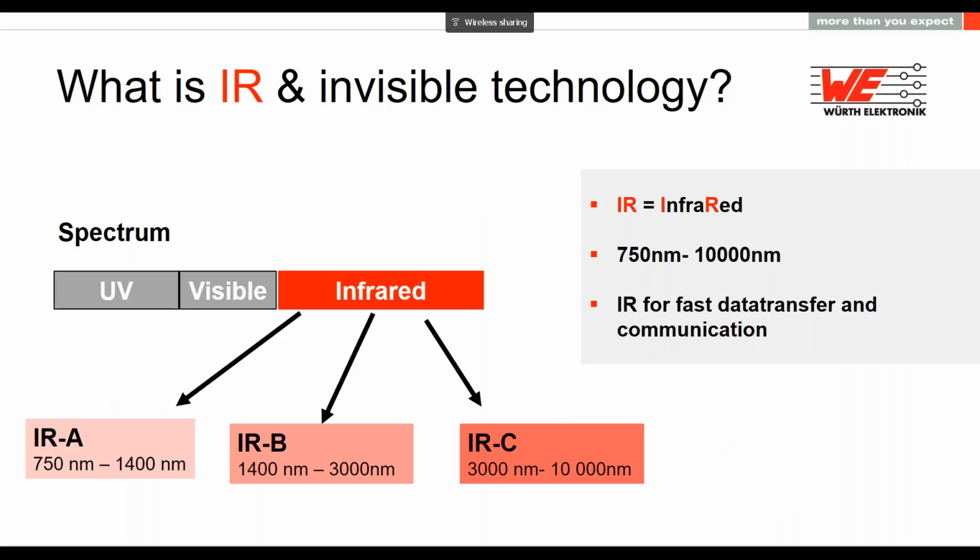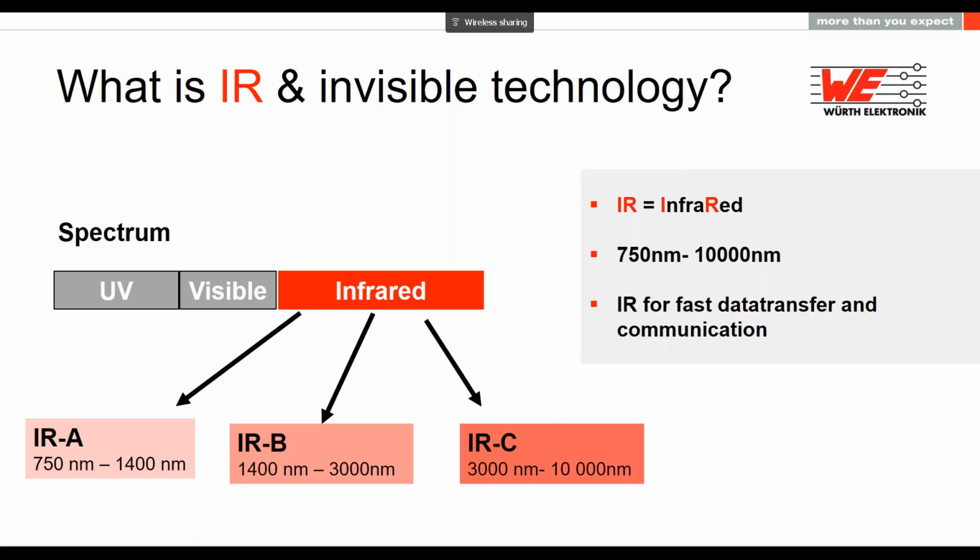First of all, what is infrared? Infrared is optical emission close to the visible light that we see, but with a bit higher wavelength, and our eyes cannot perceive it.